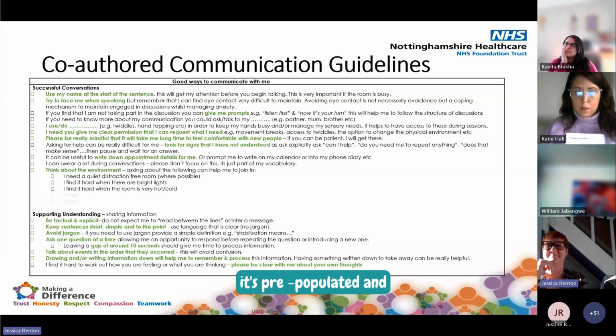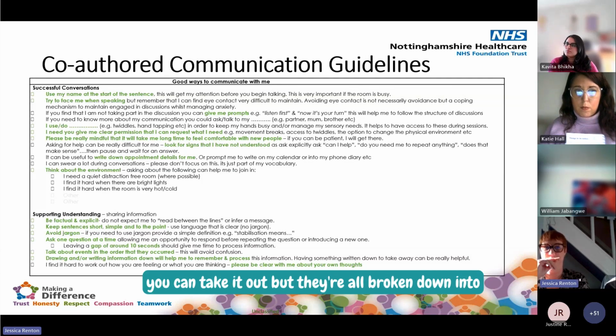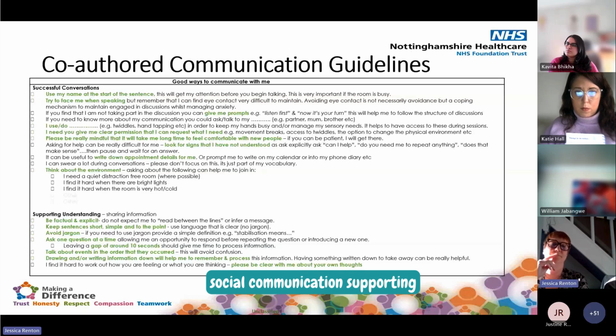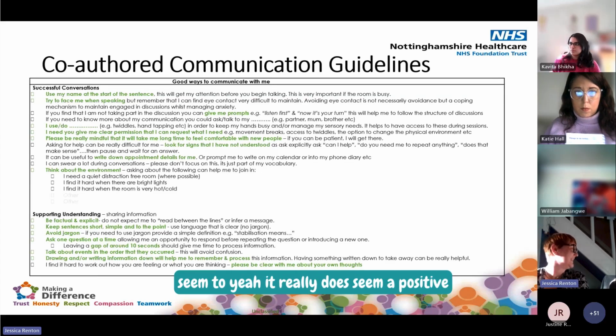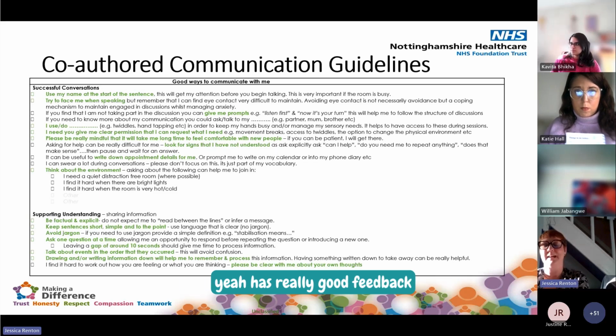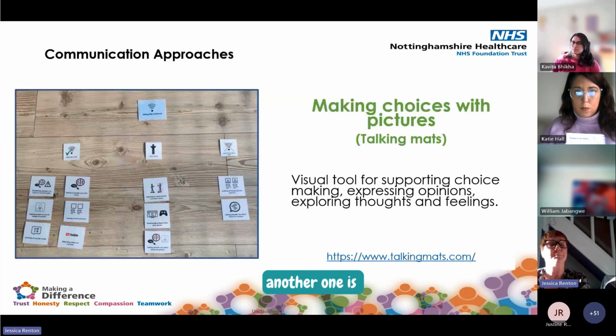It's pre-populated within the different areas. If it applies, keep it in. If it doesn't apply, you can take it out. They're all broken down into social communication, supporting understanding, and supporting expression. It really does seem a positive, and has really good feedback, so it's quite easy to use.